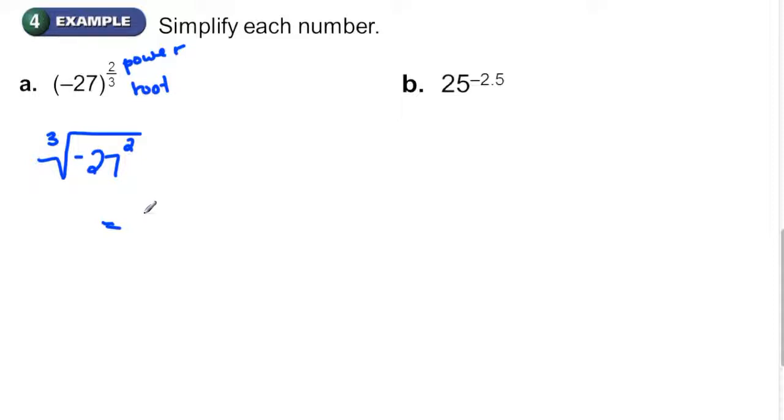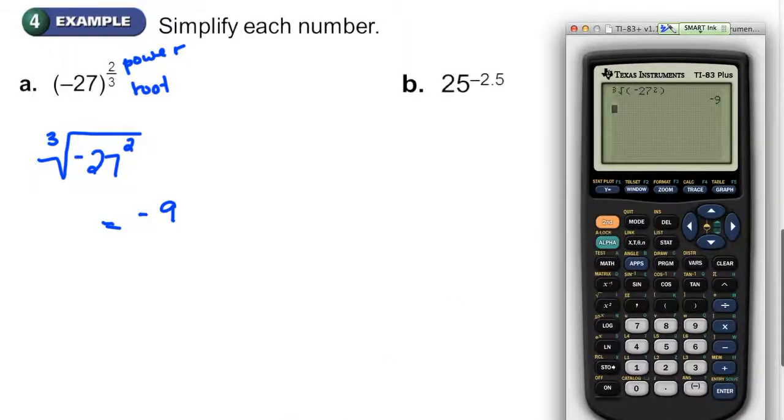Quite honestly, that should be positive 9 because when you square something, it becomes positive. But okay, I'm a little bit disturbed by the disappearing of my calculator.